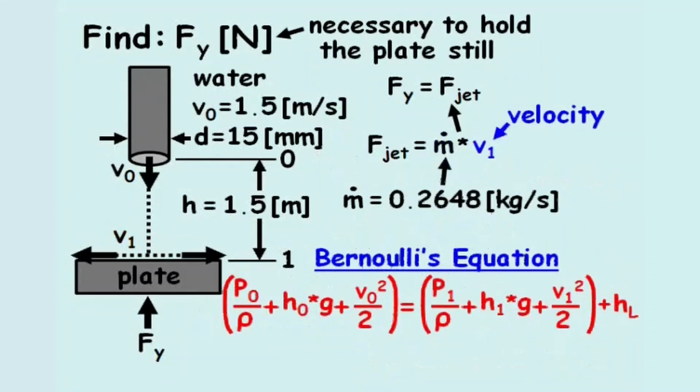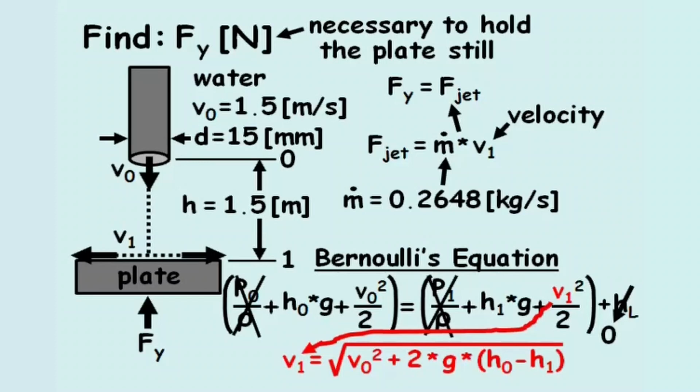From Bernoulli's equation, we'll assume there is no head loss across the 1.5 meters the water is in the air. Also, since there is negligible pressure change, we can cancel out the pressure head terms on both sides of the equation. Next, we'll solve for variable v1, which equals the square root of v0 squared plus 2g times the quantity h0 minus h1.